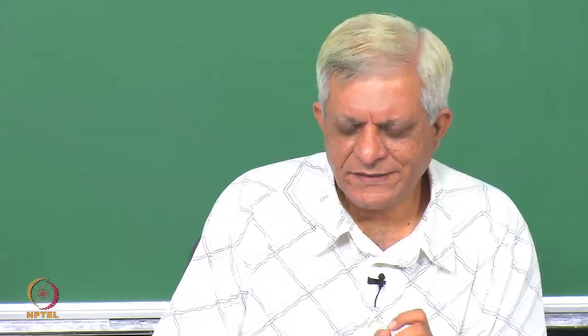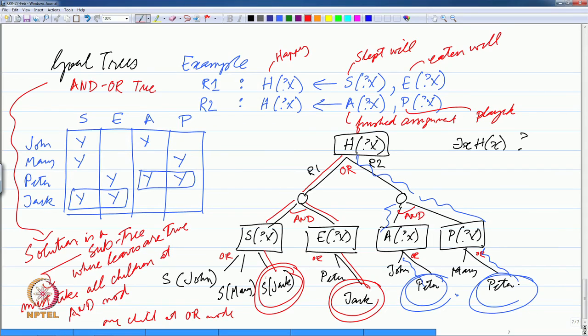While you are doing this, you have to be careful that, for example, if you are trying to satisfy slept well and ate well or has eaten well, the value of x must be the same. In this case, if you can find that Jack has slept well and Jack has eaten well, then you have a solution. That condition is there, and that is a constraint imposed by the AND node essentially.